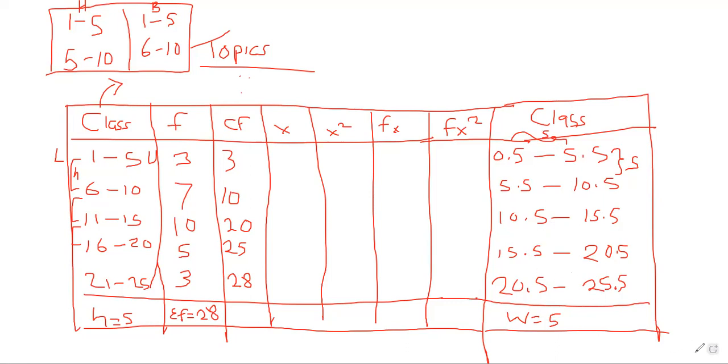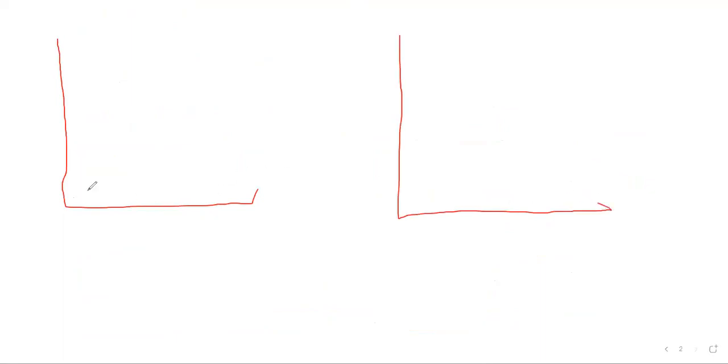All right. So the examiner will ask you, maybe at this point, what can you expect? Draw a histogram, draw a bar chart, and draw a histogram. We're going to draw the two things here. So if we don't adjust, on the vertical axis you have 0, 2, 4, 6, 8.